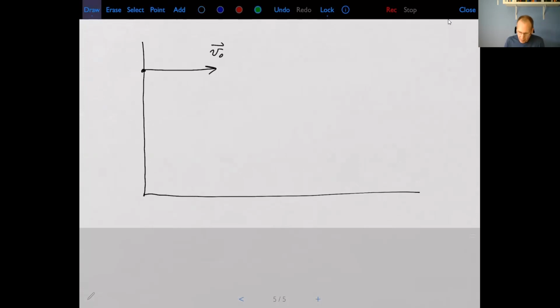And again, we know the motion. Once it leaves the gun, gravity is going to start acting on it, and immediately it's going to start to fall, so it'll be something like this. And it'll hit the ground over here somewhere. Let's say this is a height h above the ground.